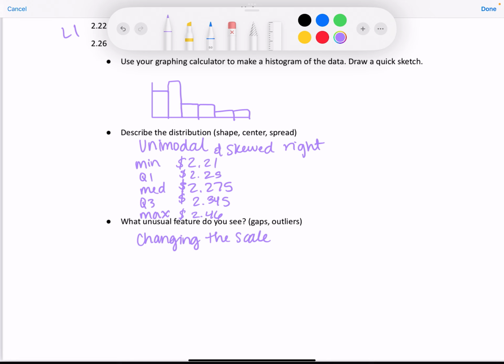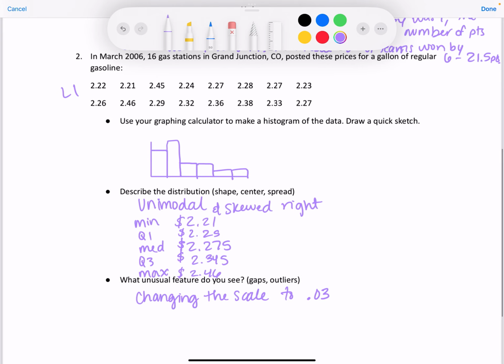What was your X scale before? 0.05. Okay, so we want to go something smaller. Because we're dealing with such a small change here, you could drop it to 0.04, but you're going to need to go to 0.03 to see it. You're basically always just going to be trying to go a little smaller than whatever it was before. Change it to 0.03.